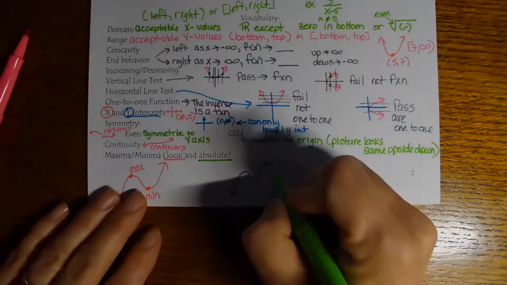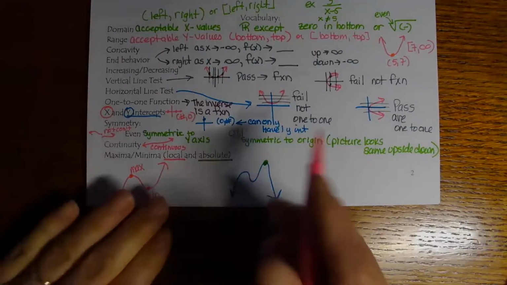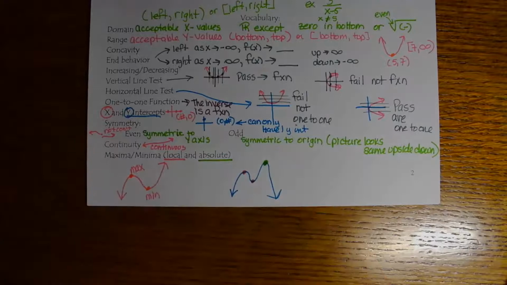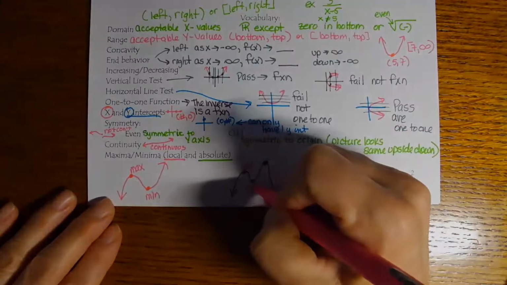Is that the absolute highest point on this graph? There's nothing ever higher, is there? So that's an absolute. This is a local. So that'd be a max, min.